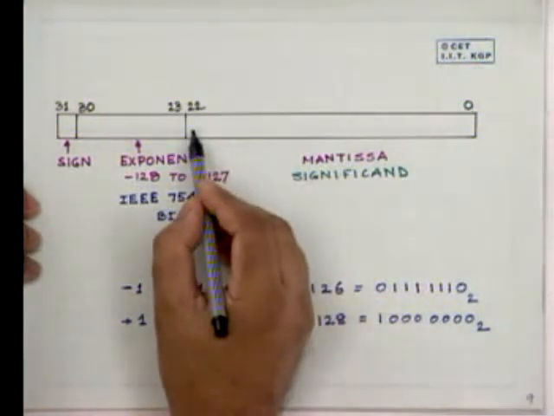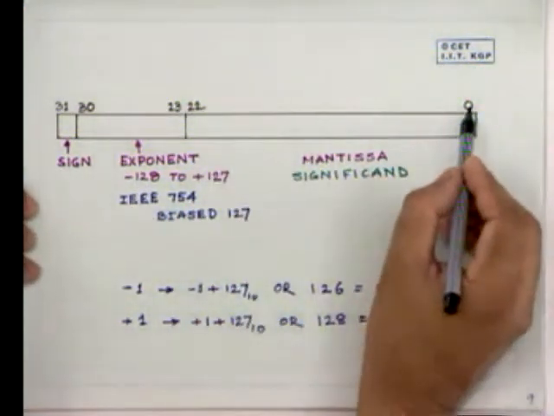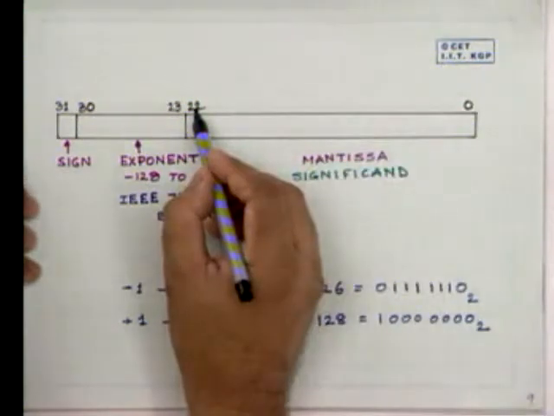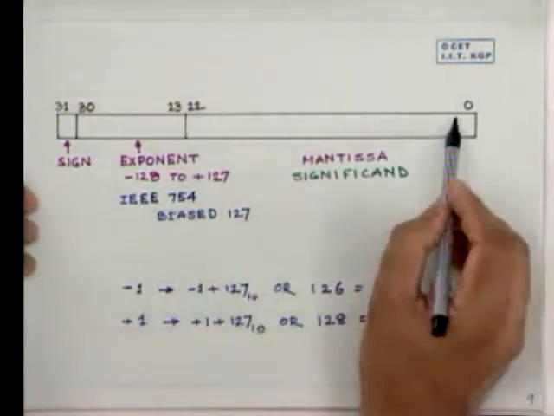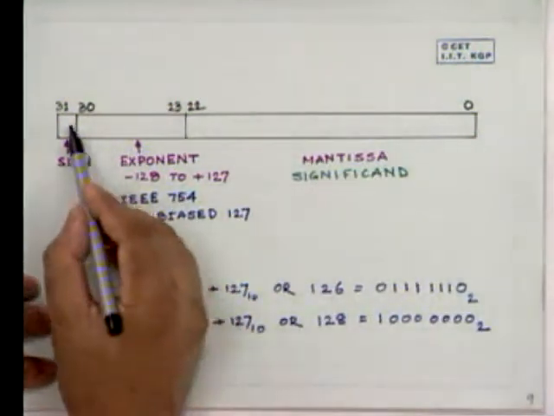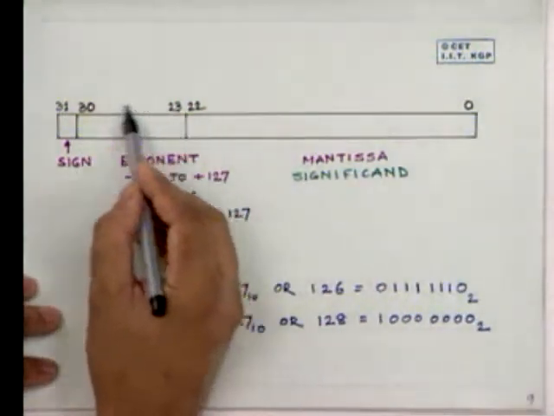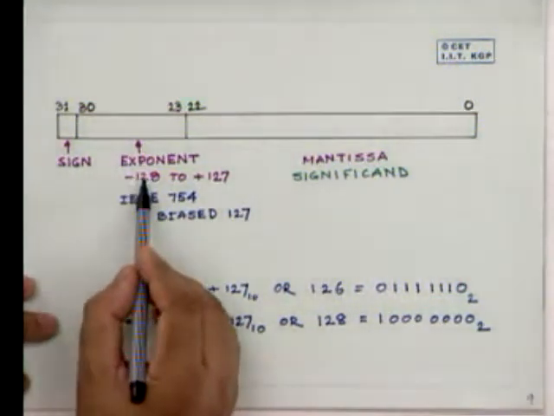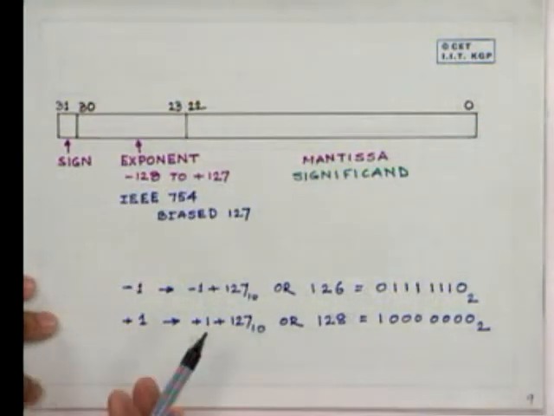And here we keep 23 bits for the mantissa, from the 0th bit to the 22nd bit. This is the mantissa. If we represent the exponent in 2's complement form, we can represent minus 128 to 127.